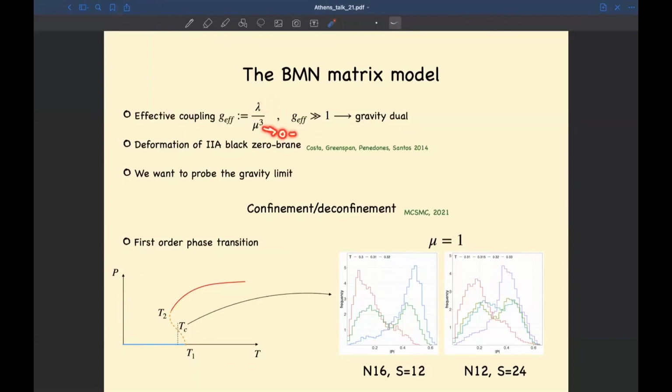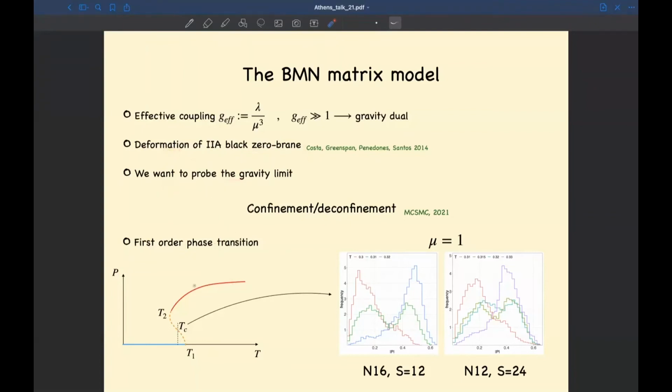It's not very easy to simulate. So the gravity dual is a deformation of the type IIA black zero-brane, and work done by Costa, Greenspan, Penedones, and Santos in 2014 revealed that the complexity of the gravity dual of the BMN matrix model is much more complicated than BFSS. And in our case, we want to probe the gravity limit.